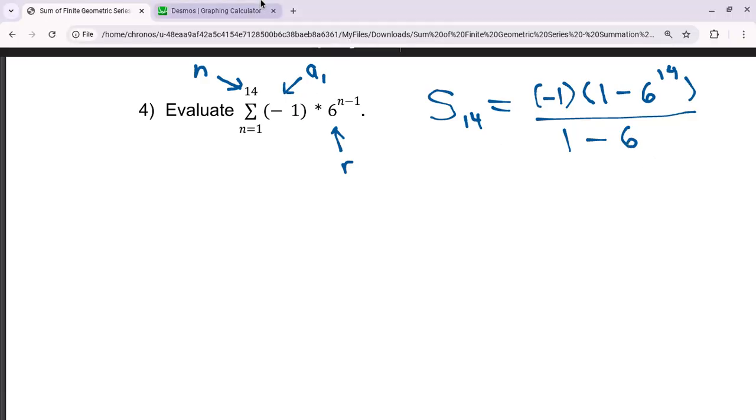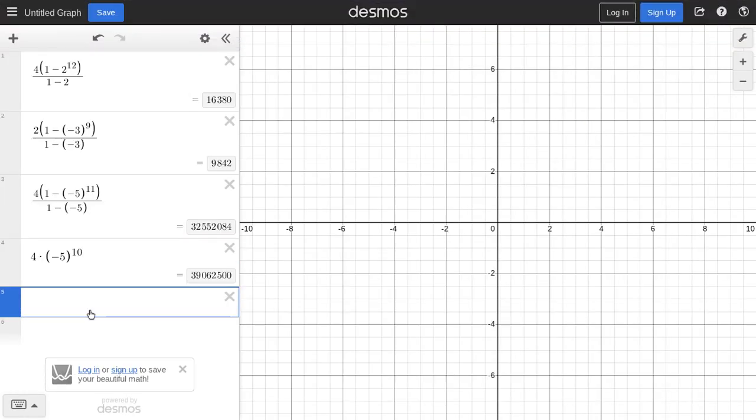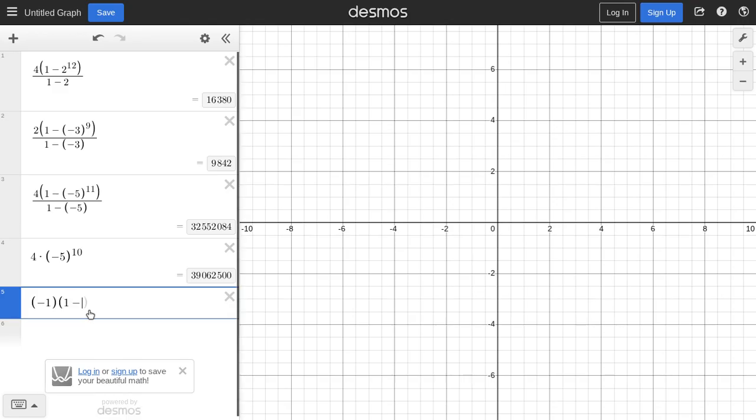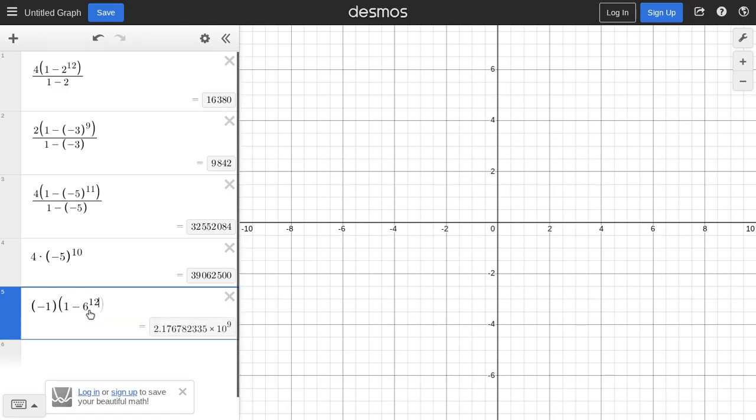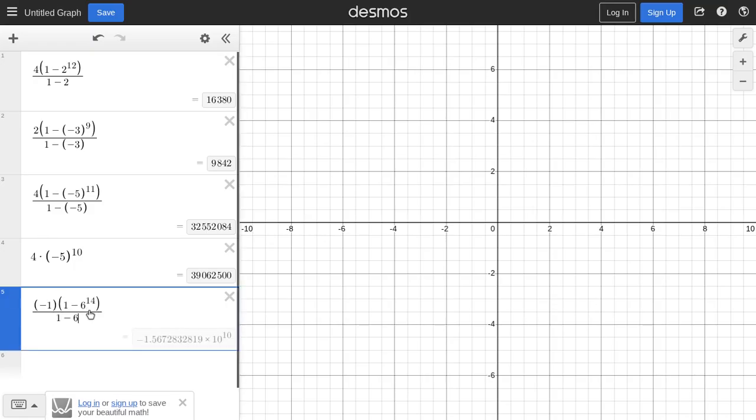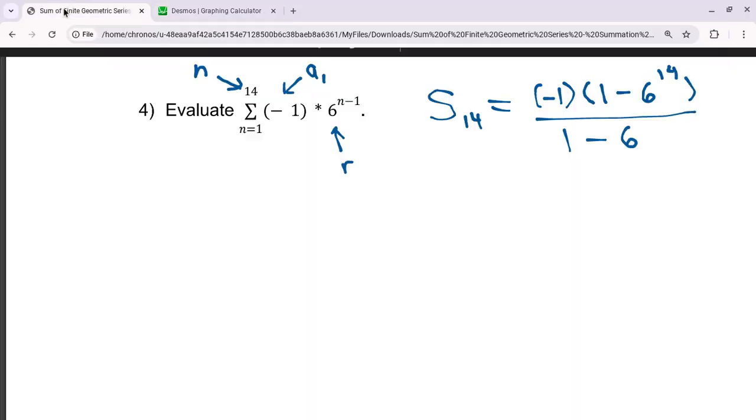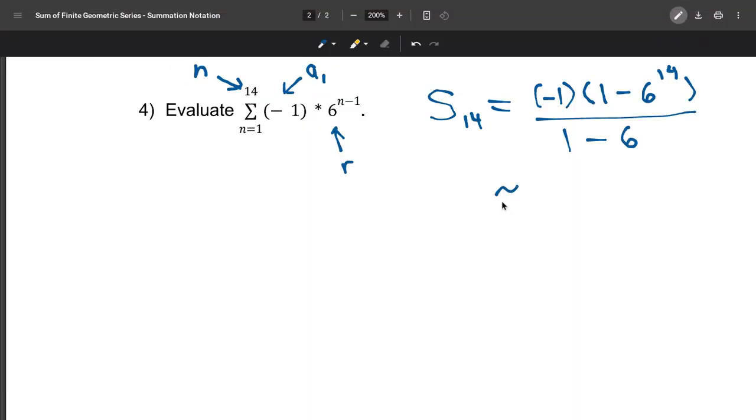Let's evaluate this with Desmos. So we have negative 1 times 1 minus 6 to the 14th power divided by 1 minus 6. And we get approximately negative 1.567 times 10 to the 10th power.